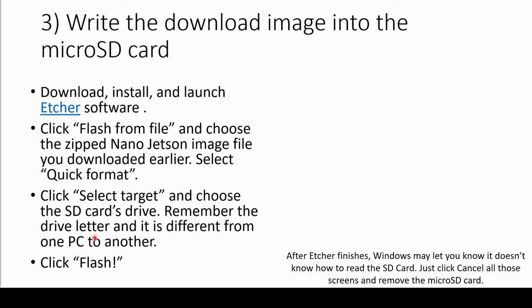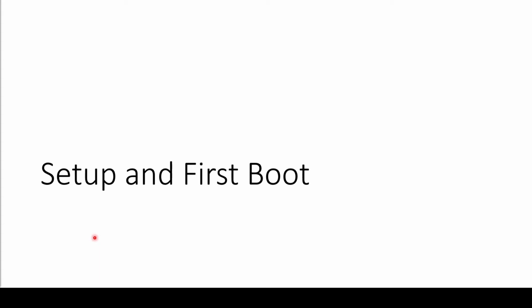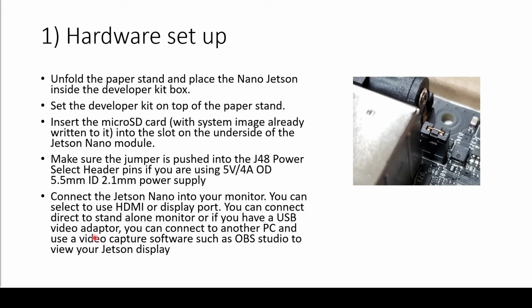Remember the drive letter, as it's different from one PC to another, and then click flash. Don't worry about this; we're going to go through the tutorial together after I'm finished with the slides. So, set up the first boot.